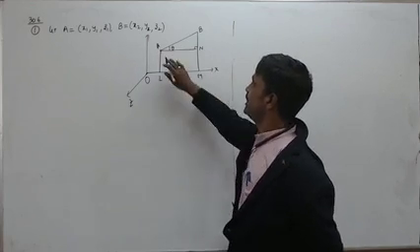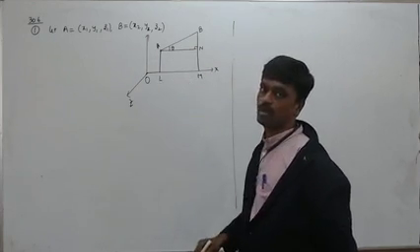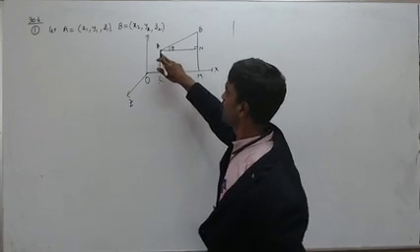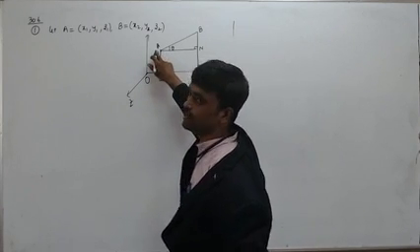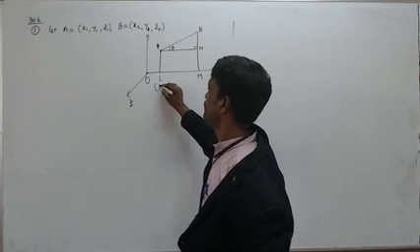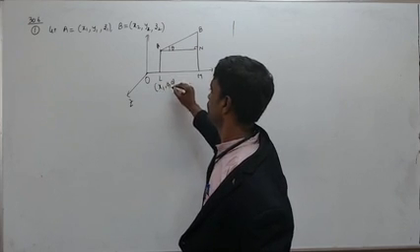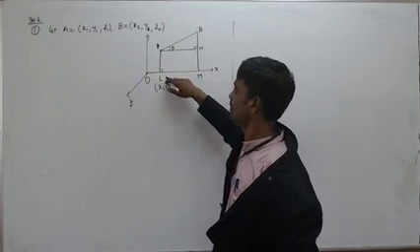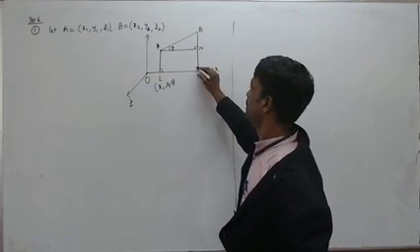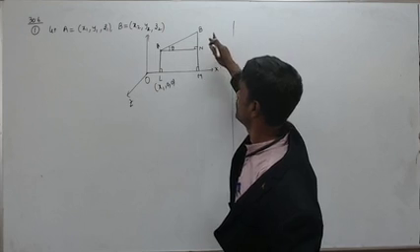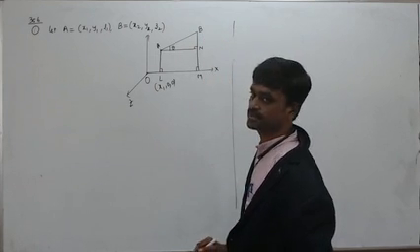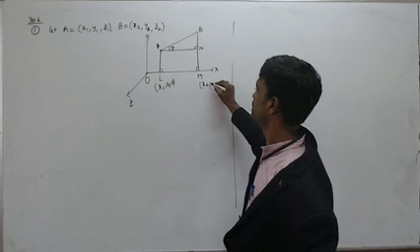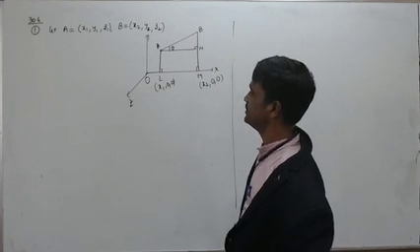Then this AN or this LM is what? The projection of AB on the x-axis. As the coordinates of A are x1, y1, z1, the coordinates of L become x1, 0, 0, because it is a point on the x-axis and we have drawn the perpendicular from A on the x-axis. And M is the foot of the perpendicular drawn from B on the x-axis. As the coordinates of B are x2, y2, z2, the coordinates of M become x2, 0, 0.